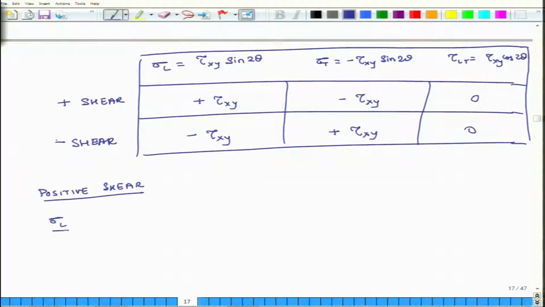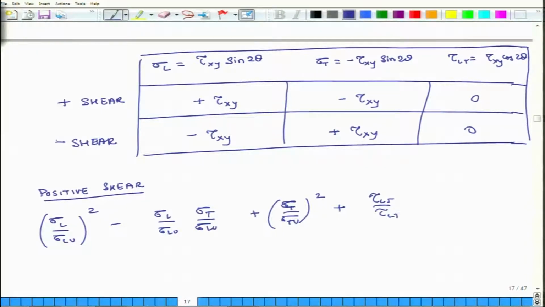It is sigma L over sigma Lu whole square minus sigma L by sigma Lu times sigma T by sigma Lu plus sigma T by sigma Tu whole square plus tau LT by tau LTu whole square. When the composite fails, this becomes 1. So, the condition for failure is that this is equal to 1.